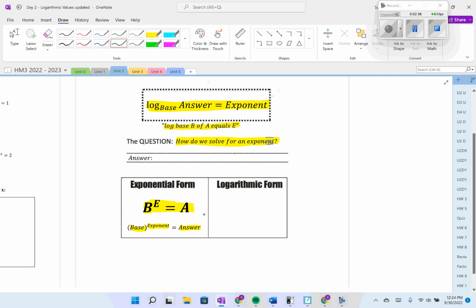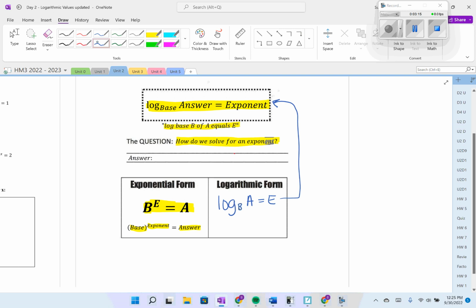If I have the base, which is b, to the exponent, which is equal to the answer, and I want to rewrite this in logarithmic form, this would be the log, the base stays the base, and remember that's a subscript, so it's smaller, so log base b of a equals e. That is written out here in words: log base b of the answer equals the exponent. Again, reread it: log base b of a equals e.